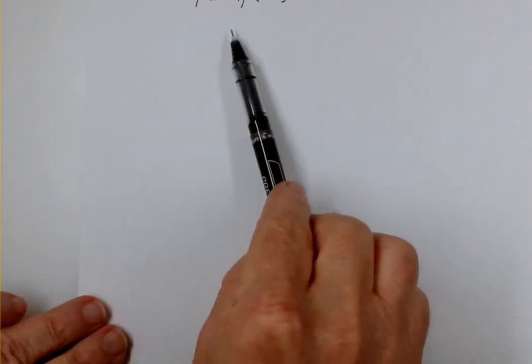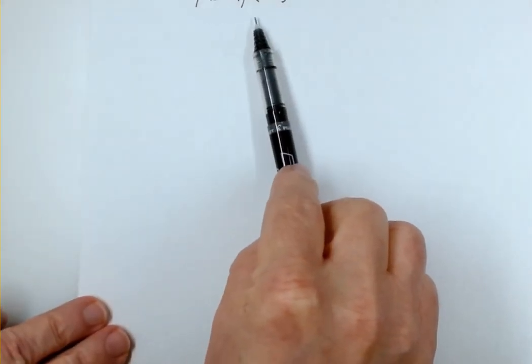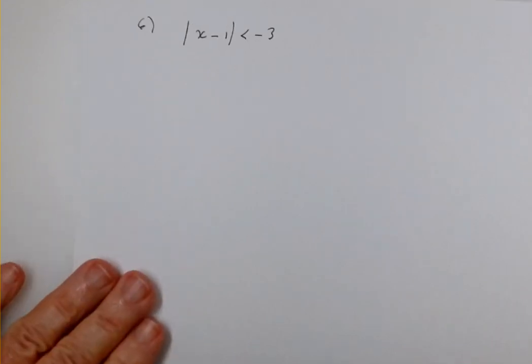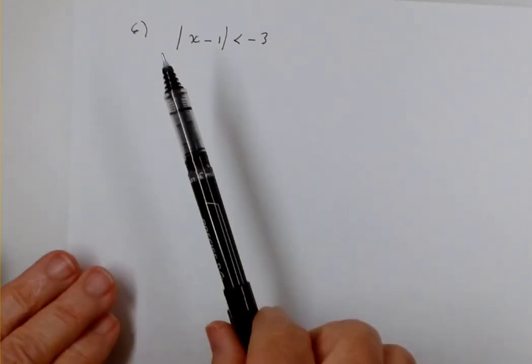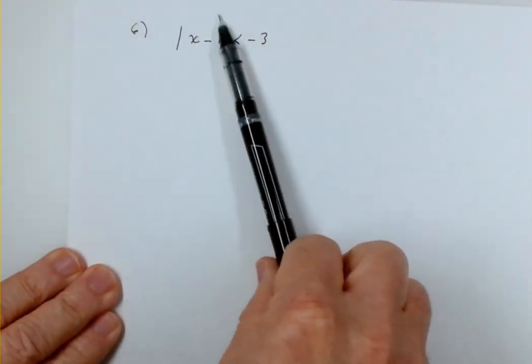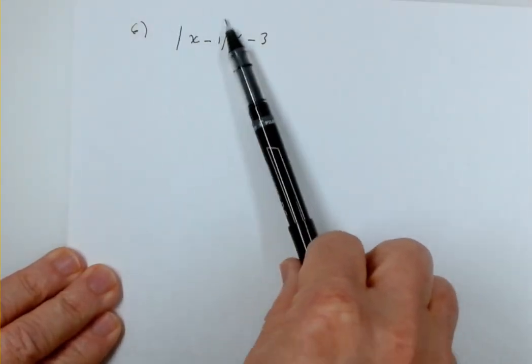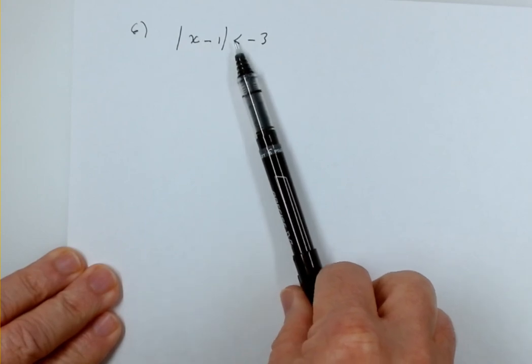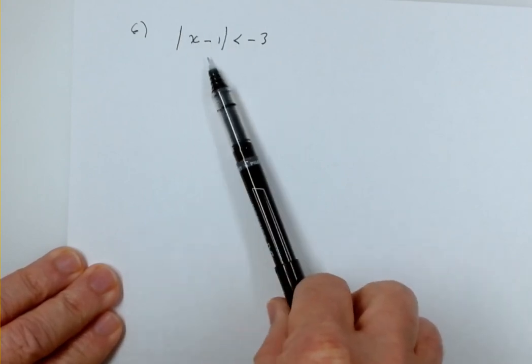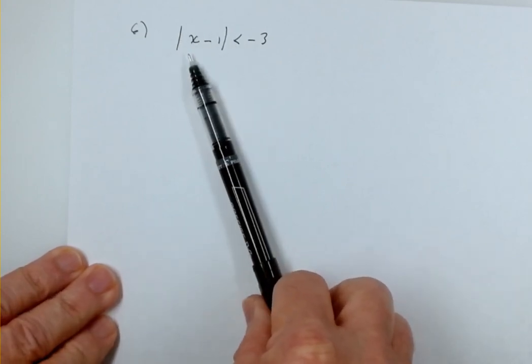When the absolute value is by itself and you see something like this, ask yourself, am I going to get solutions? If you say yes, then you go ahead and work it out. But when I look at this, there is no number whose absolute value is less than -3. Less than -3 means what kind of numbers?